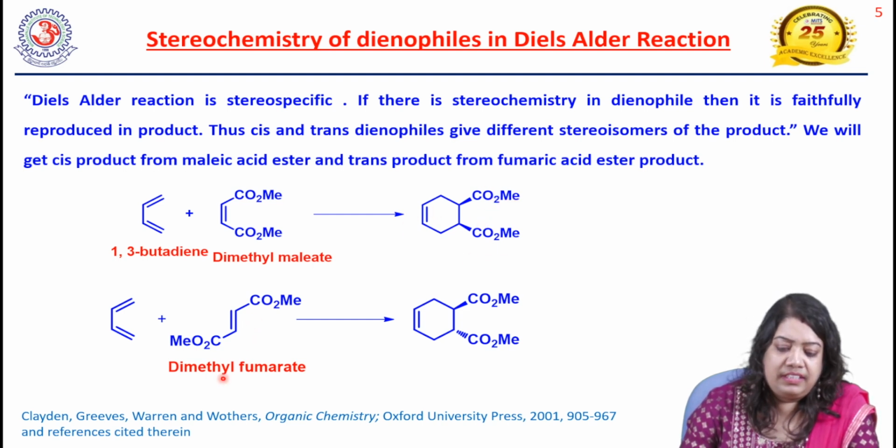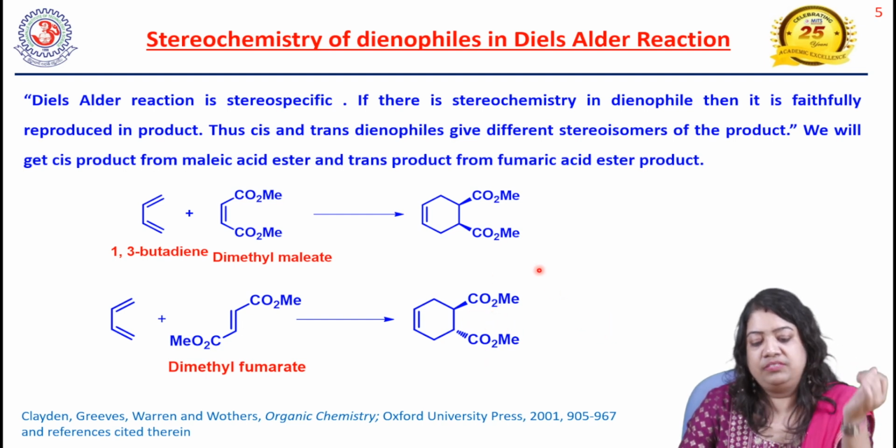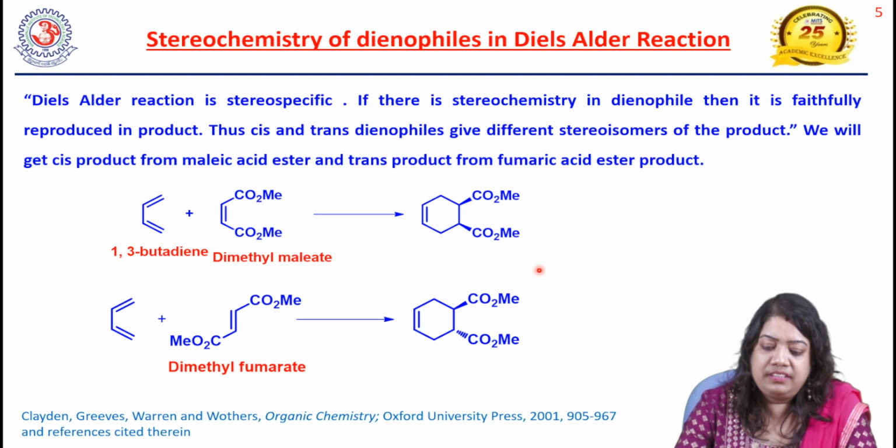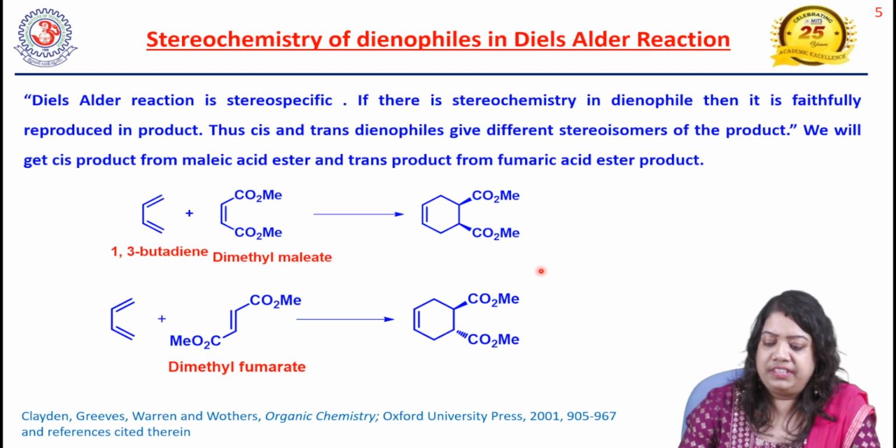And when dimethyl fumarate is reacted with a 1,3-butadiene system, we get the 6-member ring where CO2Me groups are trans to each other. So we can see that if the dienophile has a stereochemistry, the same stereochemistry will be observed in the product.